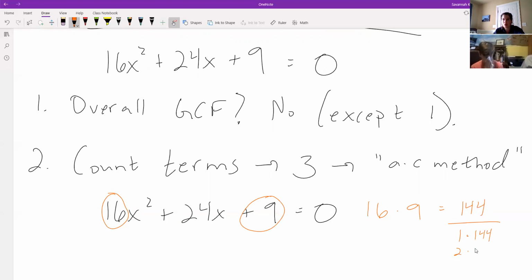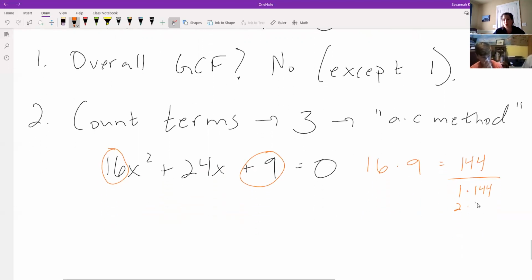So 1 times 144, 2 times 72, 3 times 48. Do you guys know the trick with 3s, how to tell if 3 multiplies into a number? You just add the digits of the number. So 3 is always a weird one. I know that 2 goes into a number if the last digit of that number is divisible by 2. So the last digit is 4. 2 goes into 4, so I know 2 has to go into the whole thing.